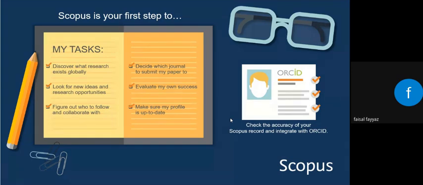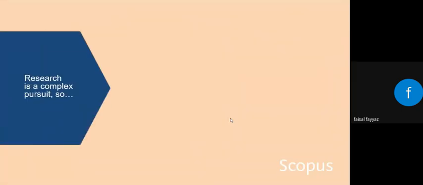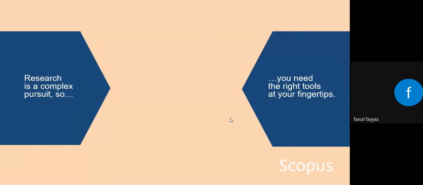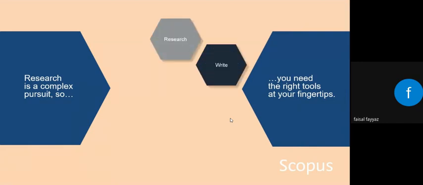So if you make a new idea while working on ORCID, you can check where your Scopus record is standing, what the remaining areas are, and what other things you can do.